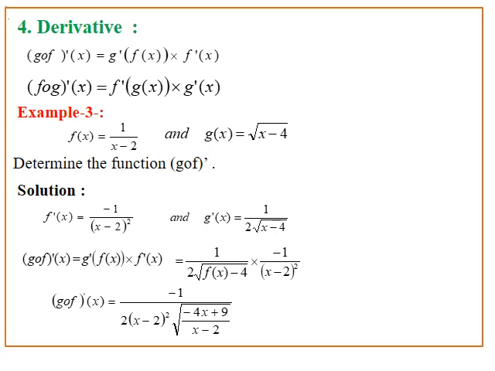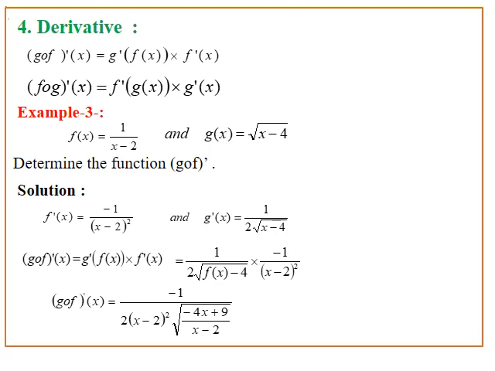Then the derivative of g round f of x equals g prime of f times f prime. f prime is minus 1 over (x minus 2) power 2. For g prime of f of x, we determined g prime of x, and here we replace x by f of x in g prime, hence it is 1 over 2 radical f of x minus 4, times f prime.